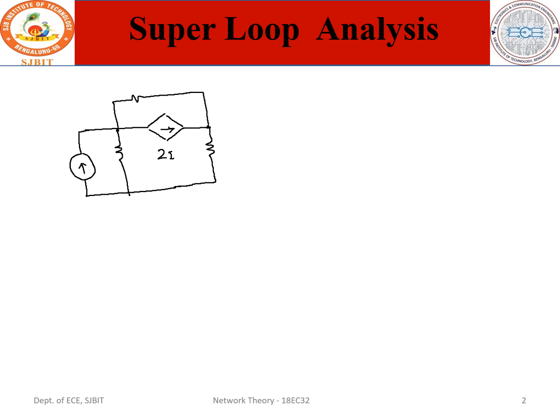This is our 12 amps, and this is 28 ohm, and this is the current, it is I, and this is 2I, and this is our 8 ohm, and this is 4 ohm.